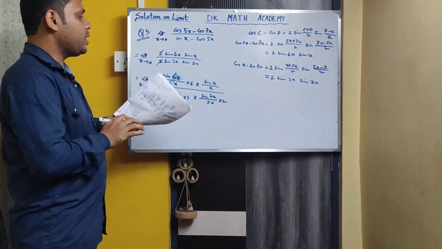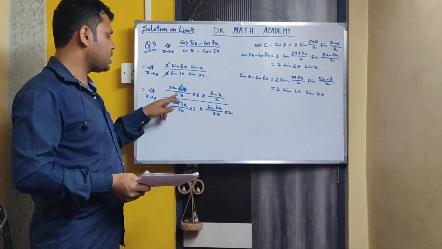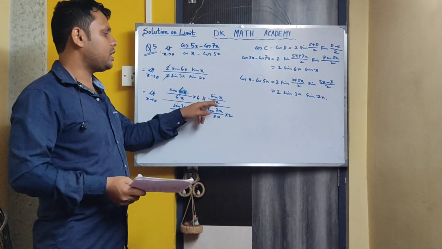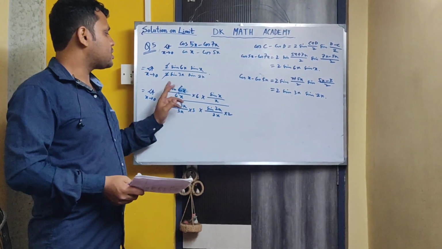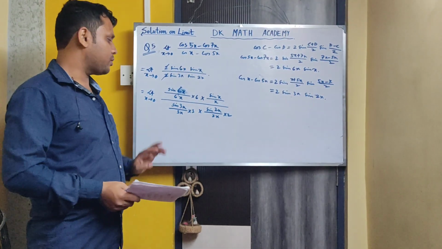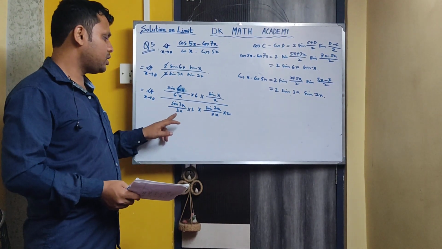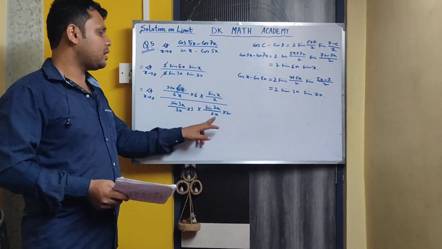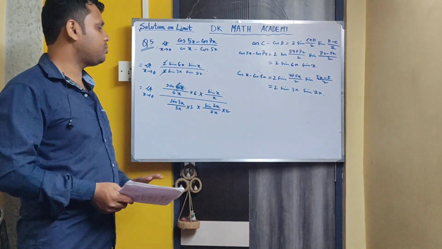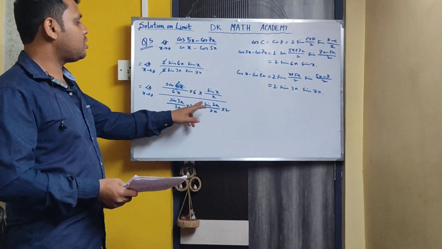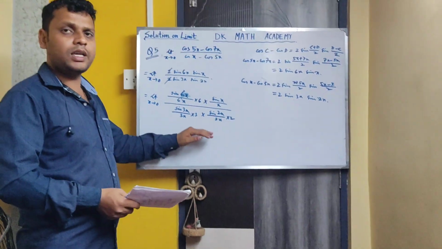See that we have adjusted here 6 into 6, that means only x, and here x, that means sin 6x sin x by x square. Here also 3 into 3 removed x, and here x, 2 into 2 removed, 2 into half removed. Here is also sin 3x into sin 2x by x square.